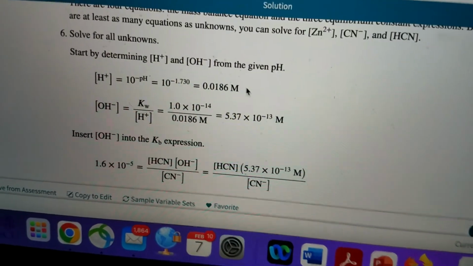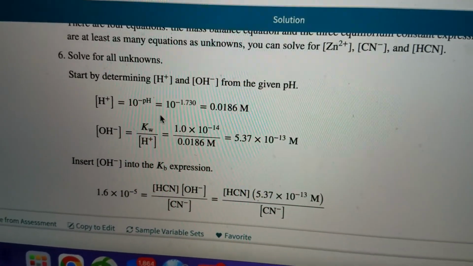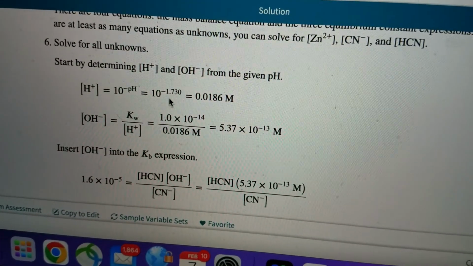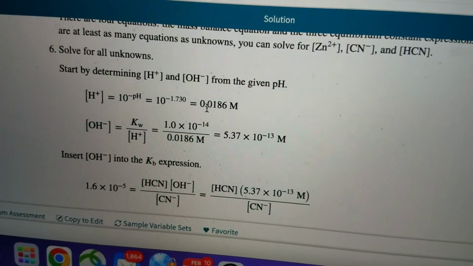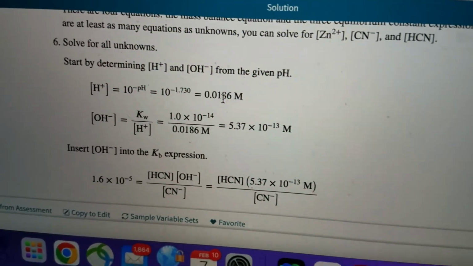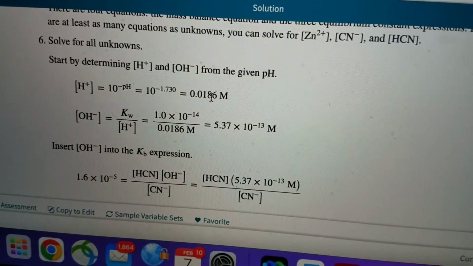First, the hydrogen concentration is already known, and we just find that out. The pH is 1.73, so we take the negative log of that. So that's the concentration for H+.